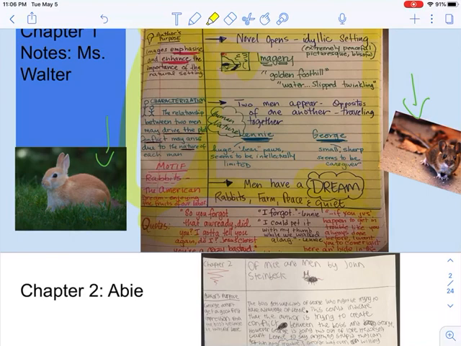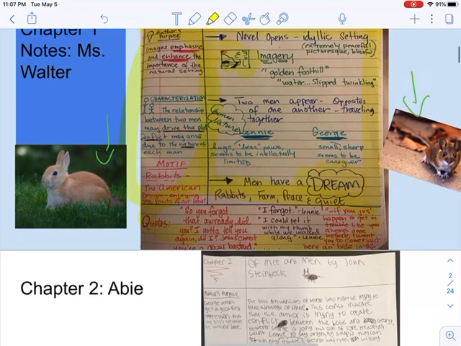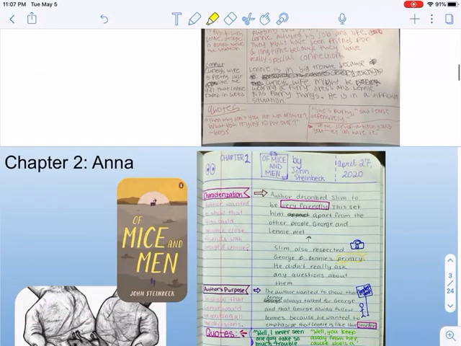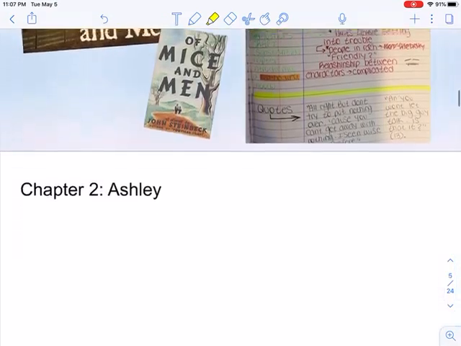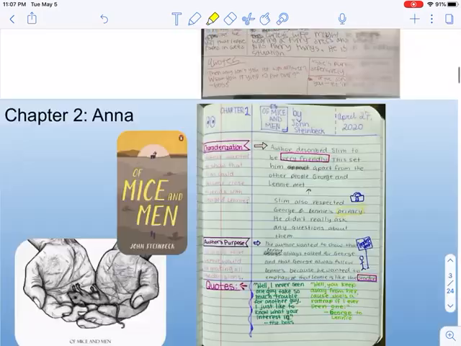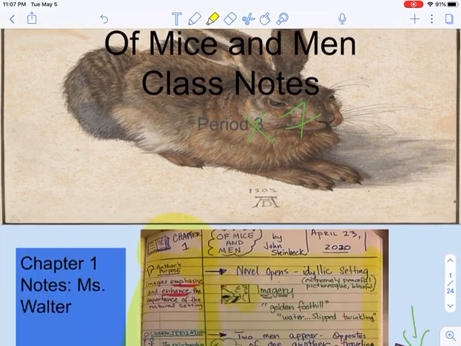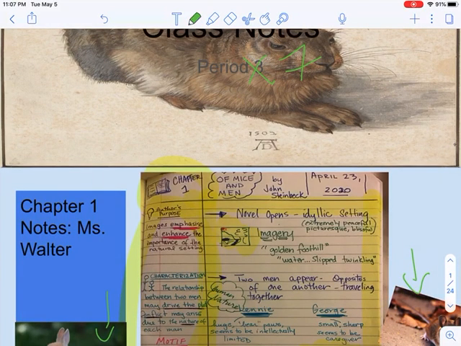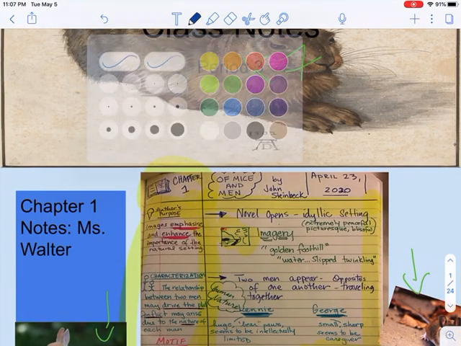So now what I'm going to do is I'm going to reread my own notes, and then I'm going to read through Abby's notes and Anna's notes, and then Charlene's notes and Ashley's notes and Ava's notes and everyone's notes. Okay? And as I read, I'm going to have a purpose. I'm going to change this to blue. It stands out a little bit better.